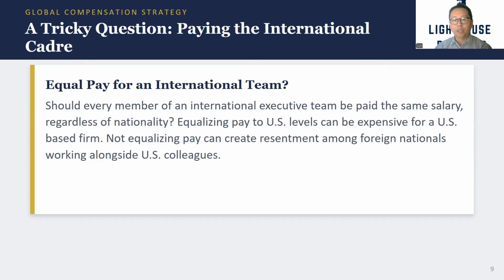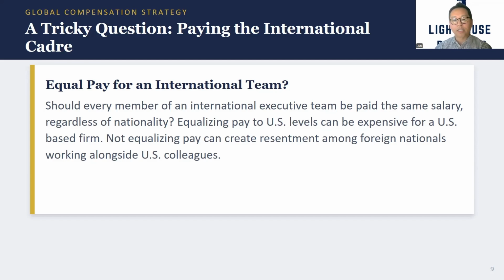For a company based in the United States, equalizing pay would usually mean raising the compensation of foreign nationals up to US levels, which can be very, very expensive. But if the firm does not equalize pay, this can create real resentment among foreign nationals working closely alongside US colleagues who may be earning more for the same work.